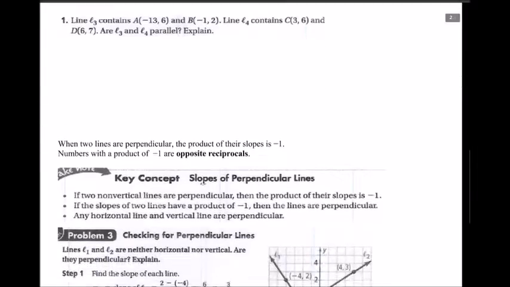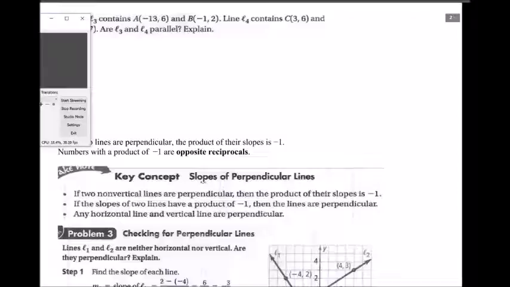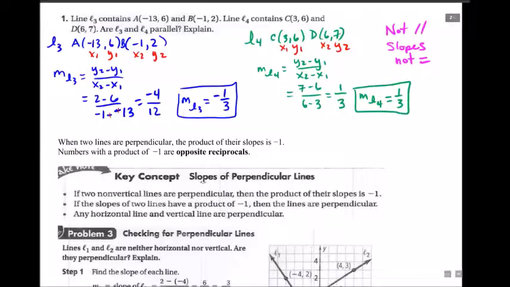All right, your turn. Go ahead and pause the video and do the next problem. All right, well, we were asked if line L3 and line L4 are parallel. So we labeled our points, put it into our formula.